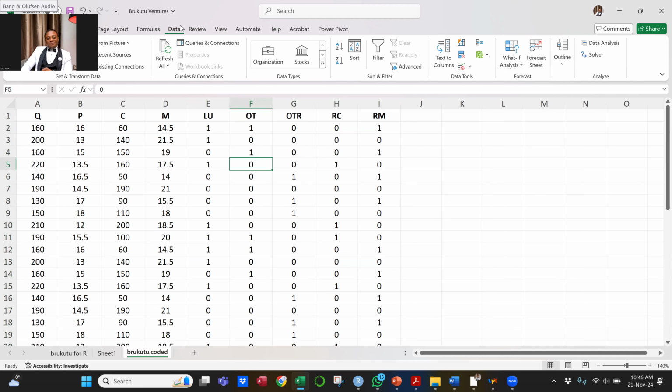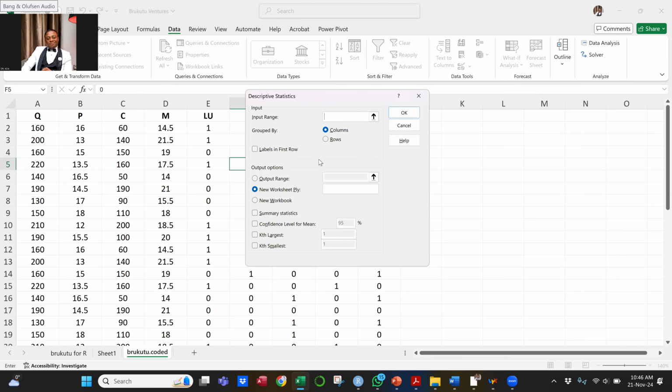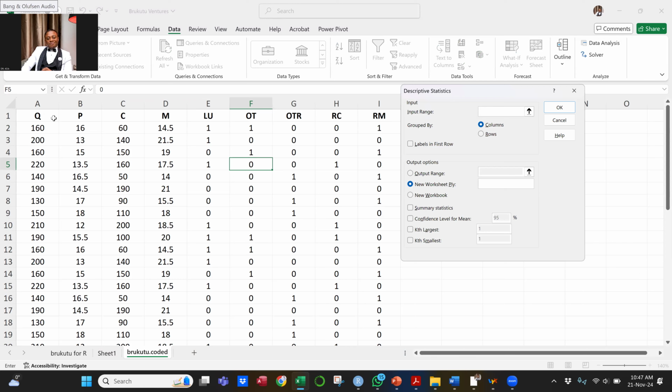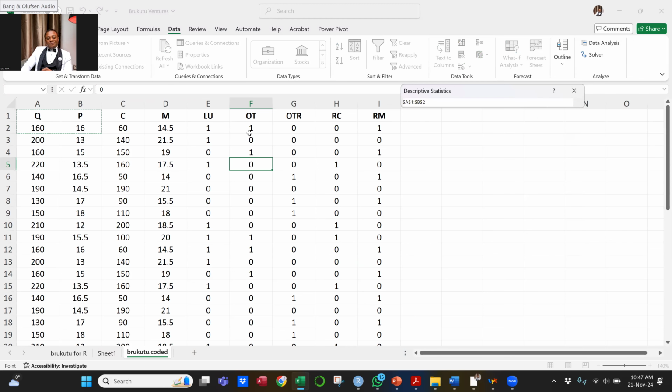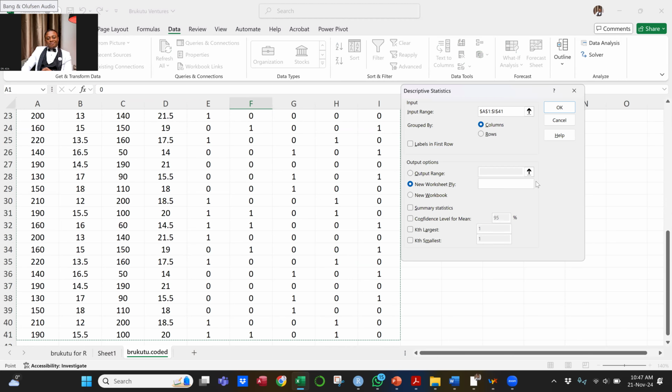So you go to the Data tab, on the far right, you choose Data Analysis. And then you choose Descriptive Statistics here. If you have your work, you can follow through. If you don't have, you can watch it later. And then you select everything, okay? Everything here, do Control-Shift down, and you highlight everything.